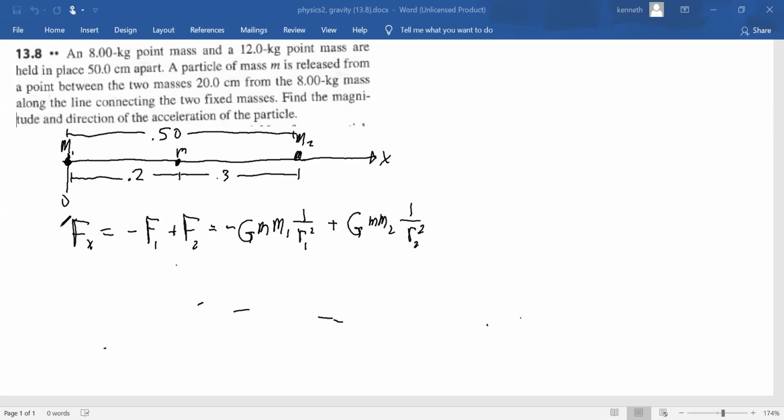The sum of the forces equals m a in the x direction.